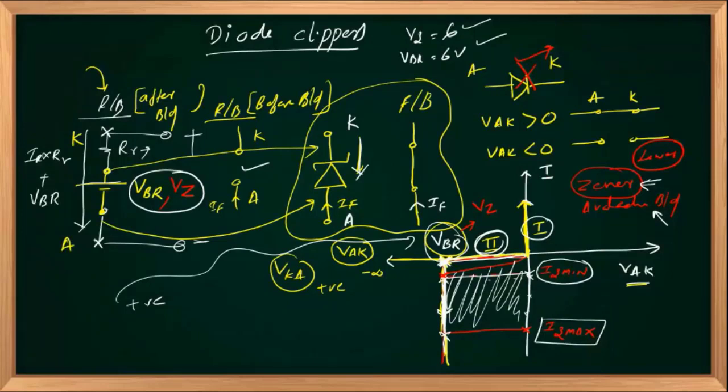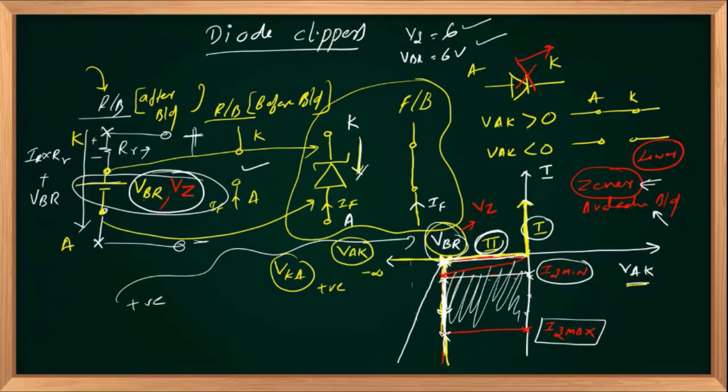If RR is not equal to 0, you will have an increase in reverse voltage as current increases, because an increase in current will create a drop across RR that will add up with VBR or VZ, so that VKA, the voltage between cathode and anode, is the sum of VBR or VZ without RR plus the drop across RR.